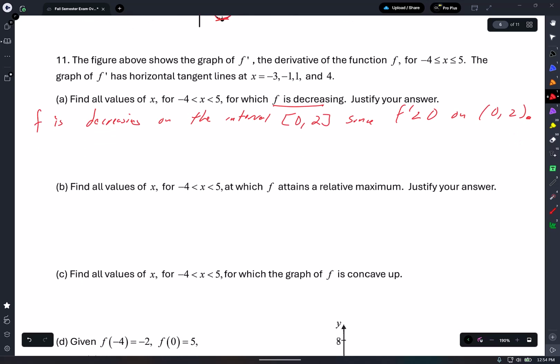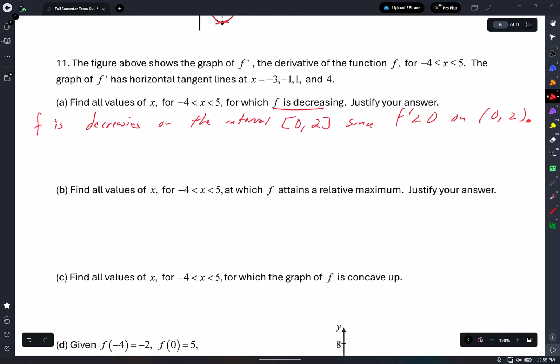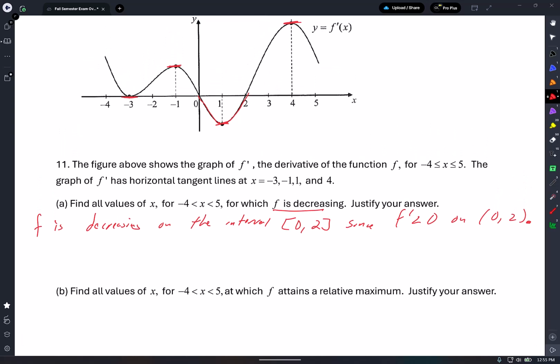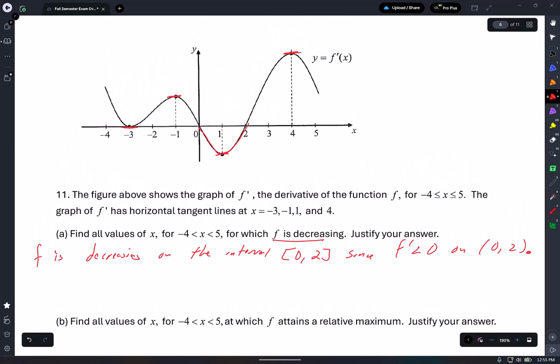Let's go to the next one. Find all values between -4 and 5 at which f attains a relative max. Justify your answer. So I'm looking where the derivative changes from positive to negative, and there's only one, just that one right there.